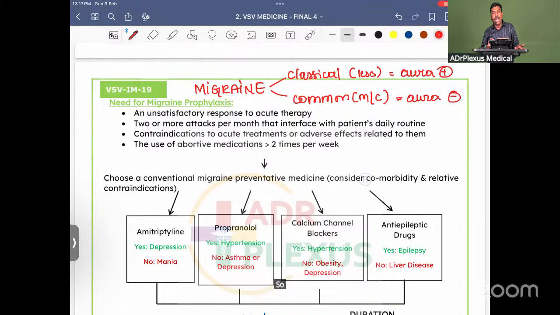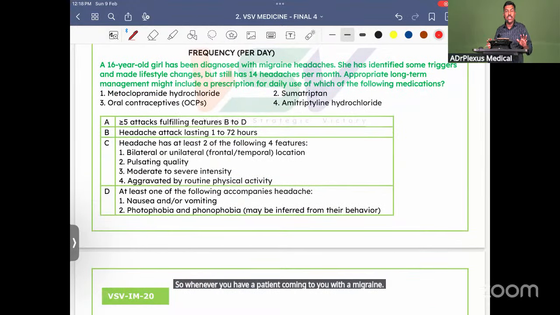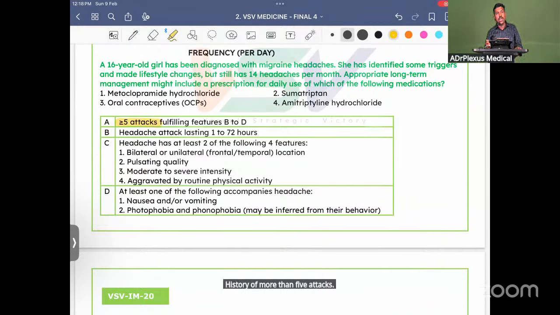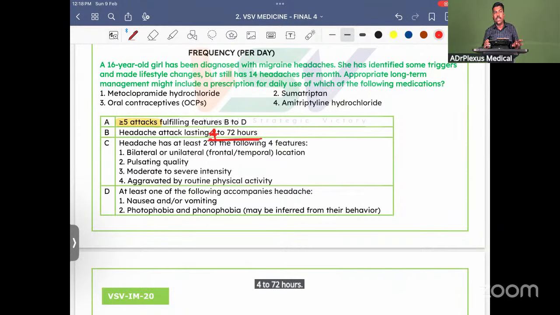Whenever a patient comes to you with migraine, it is diagnosed as migraine if there is a history of more than 5 attacks. The headache lasts for 4 to 72 hours.